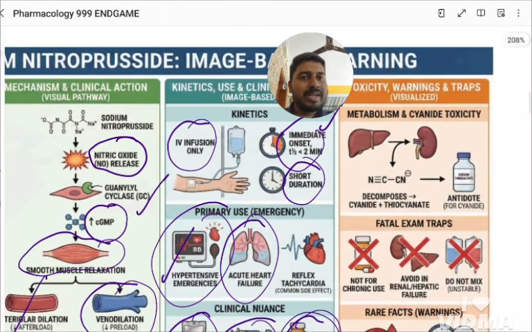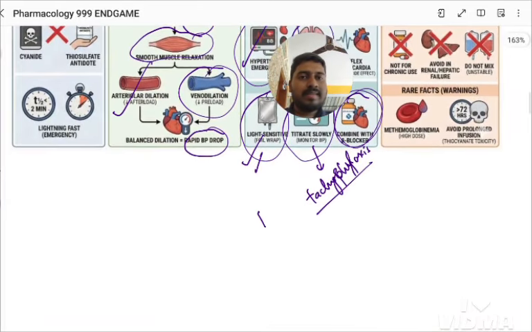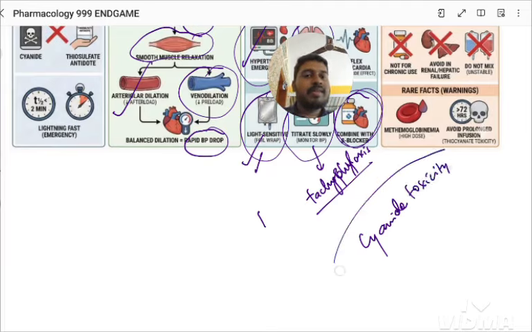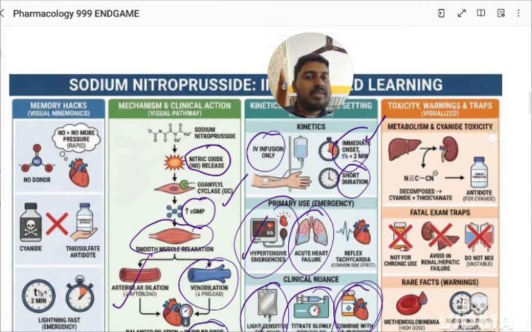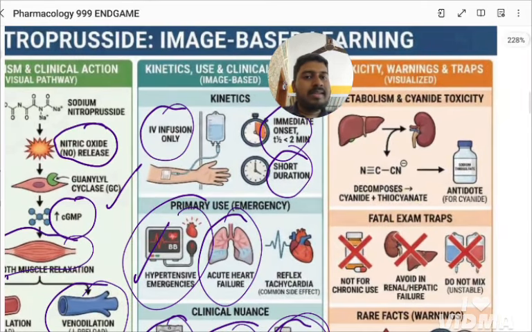Okay, so one important drawback of sodium nitroprusside is cyanide toxicity, which was not there for GTN. What this does is, sodium nitroprusside decomposes into cyanide and thiocyanate.